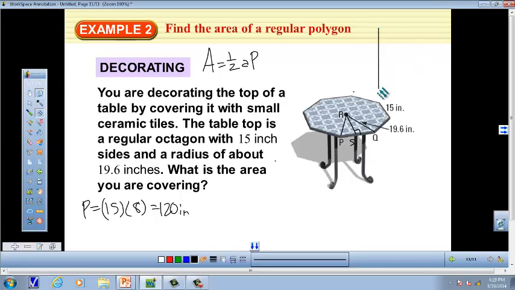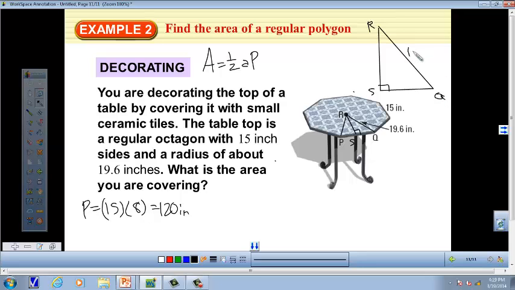So if I draw that triangle separately, where the right angle is at S, up here is R, over here is Q, they already give us that this is 19.6 inches. This length right here is going to be half of that 15, so it's going to be 15 over 2, or 7.5 inches.